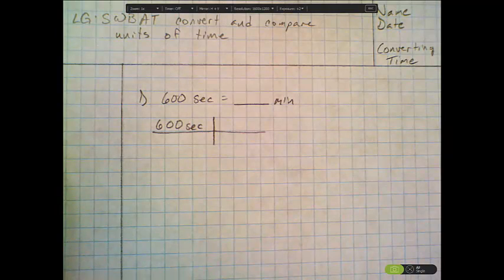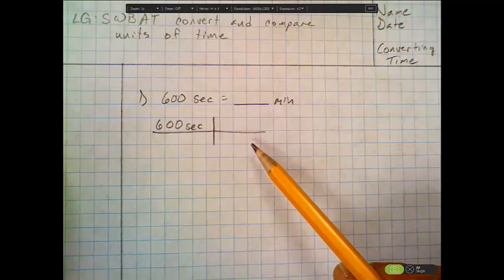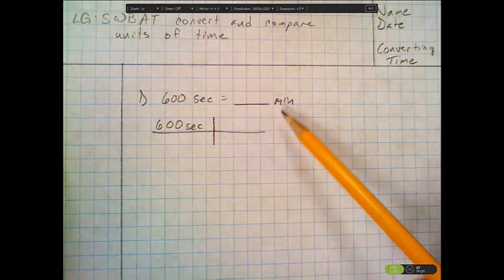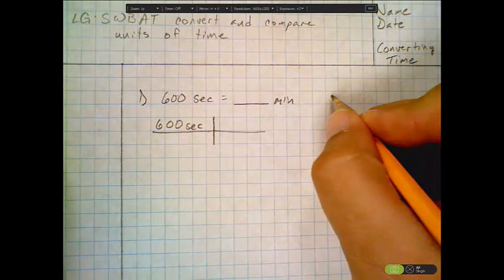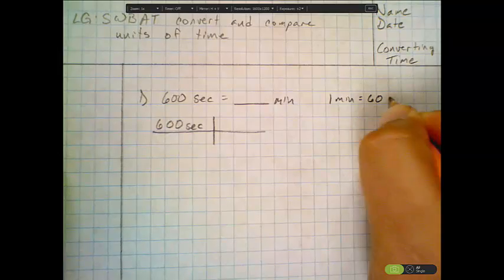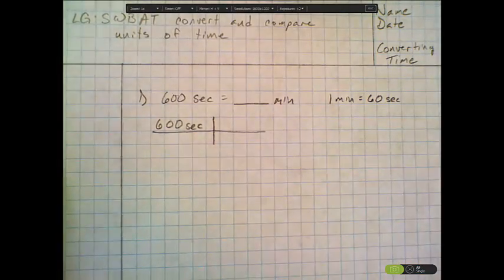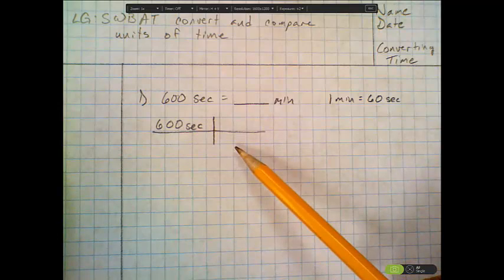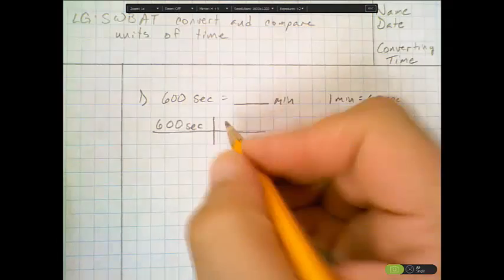The next thing we're going to do is put in the second section. So we need to find a conversion factor that relates seconds and minutes. Well, we know that 1 minute is equal to 60 seconds. And since we have seconds on the top of the first section, we're going to have seconds on the bottom of the second section.